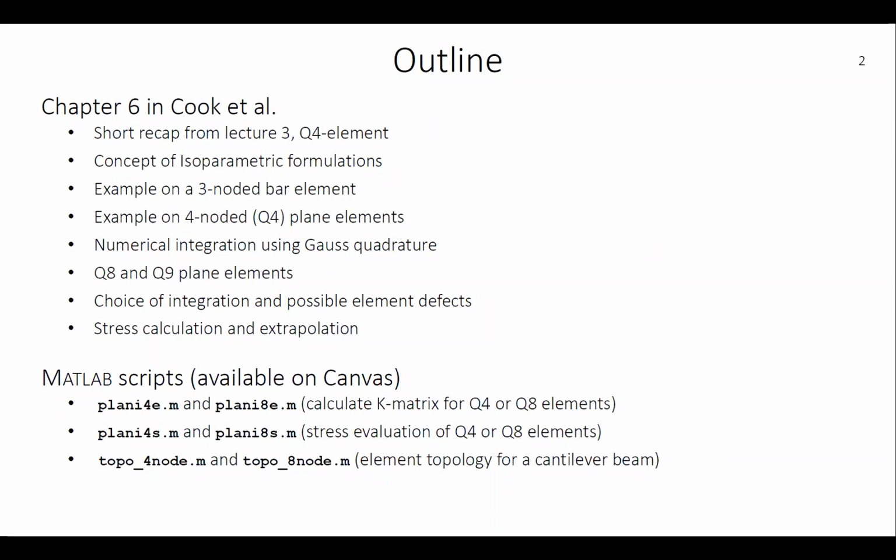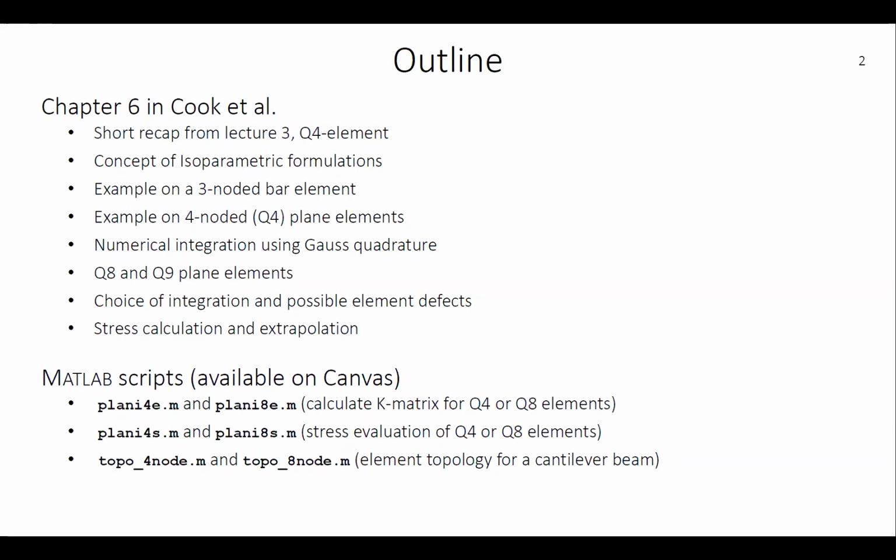Also, using commercial software, you may sometimes end up with warnings or error messages related to distorted elements or things like that. And in many cases, the theoretical background can be found in the isoparametric formulations.